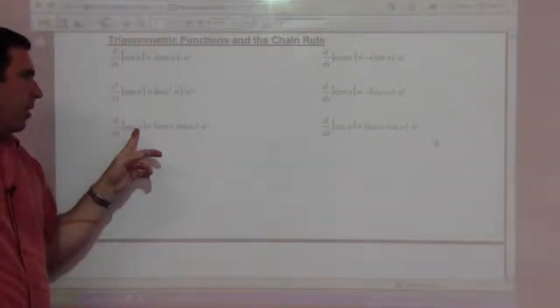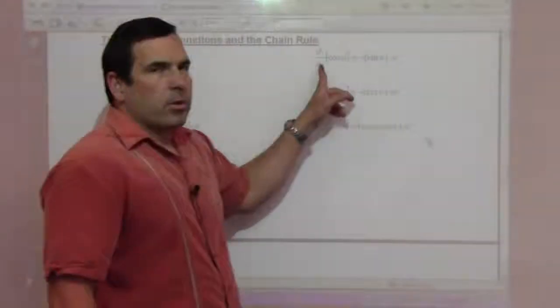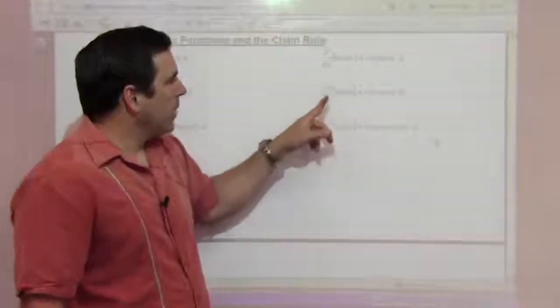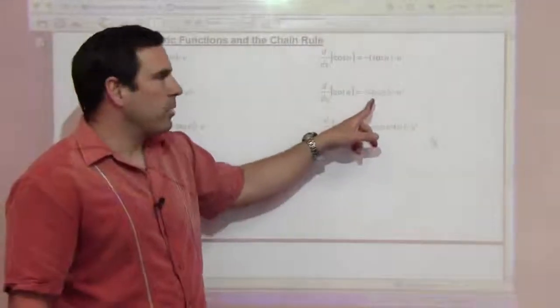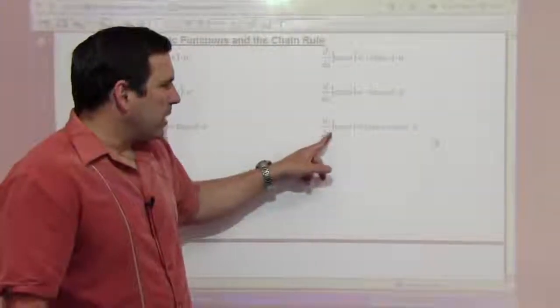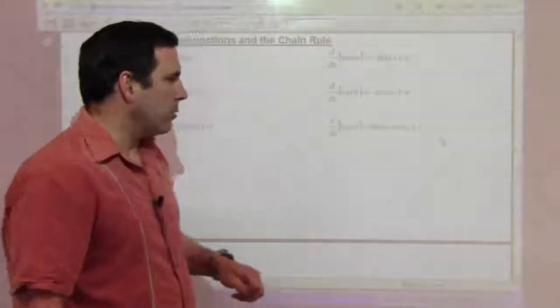Derivative with respect to x of secant u is secant u tangent u, u prime. Derivative with respect to x of cosine u is negative sine u, u prime. Derivative of cotangent u is negative cosecant squared u, u prime. The derivative of cosecant u is negative cosecant u cotangent u, u prime.